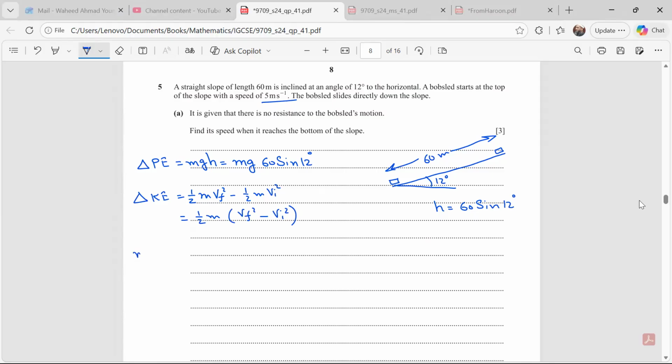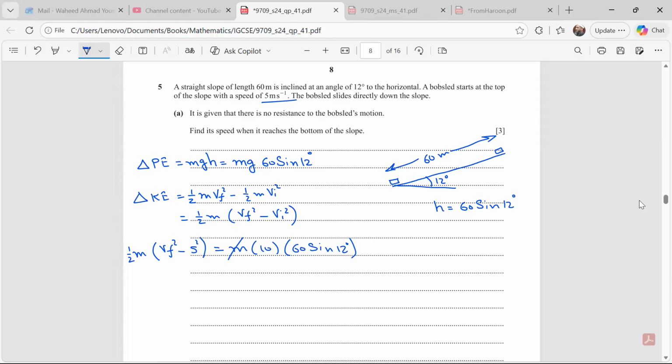So half m, and vf we have to find out. vi was 5, so it is 5 squared. This is equal to m, and g is 10, and it is 60 sine of 12 degrees.